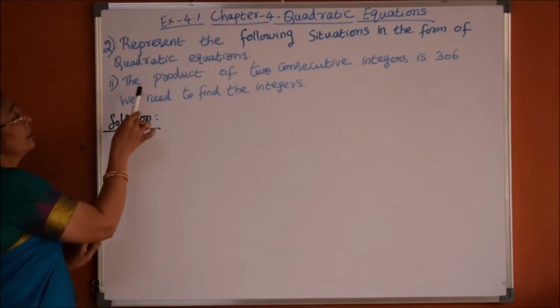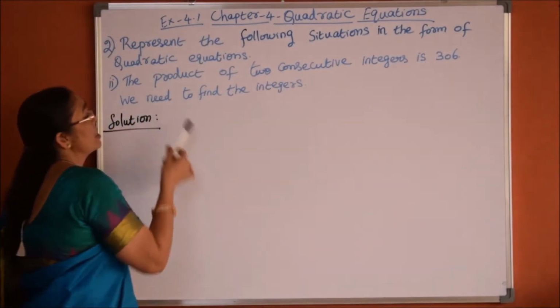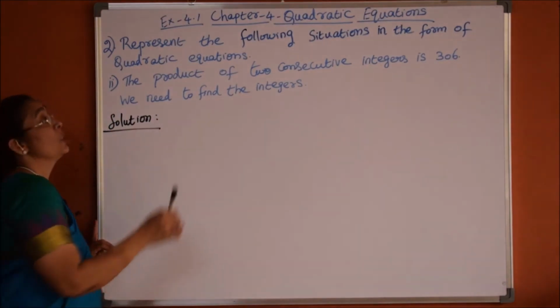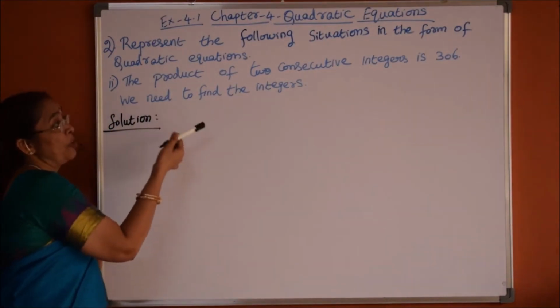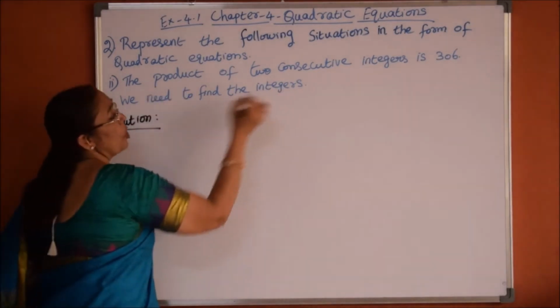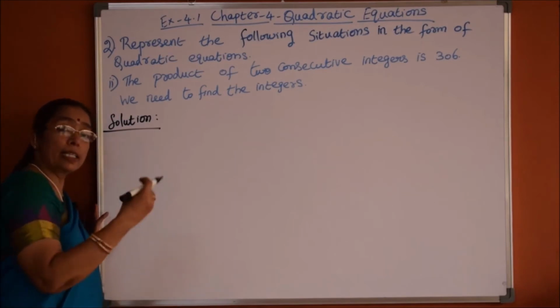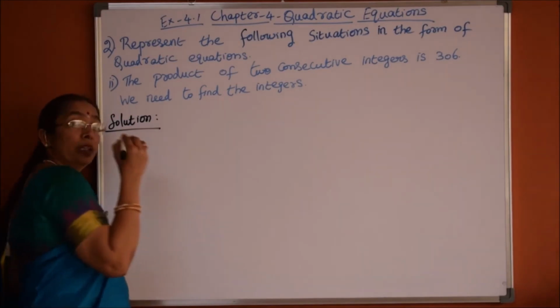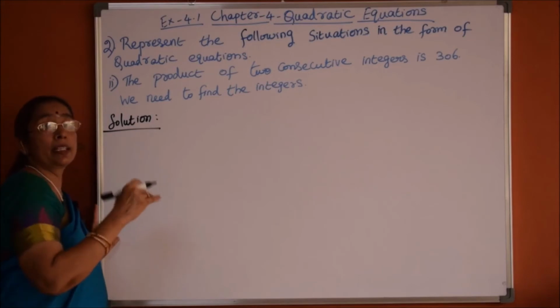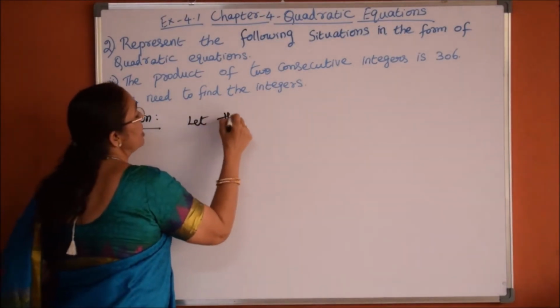Second one: the product of two consecutive integers is 306. We need to find the integers. So, you have to represent the situation in the form of a quadratic equation. What do you mean by consecutive integers? Next term. Suppose x is the first integer, then the next integer is x plus 1.